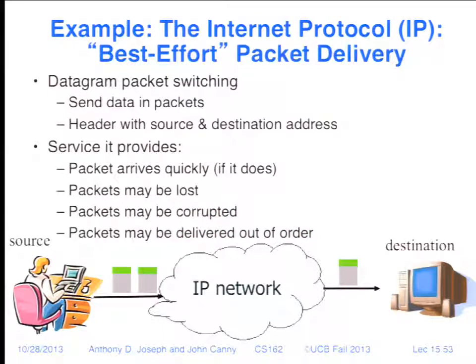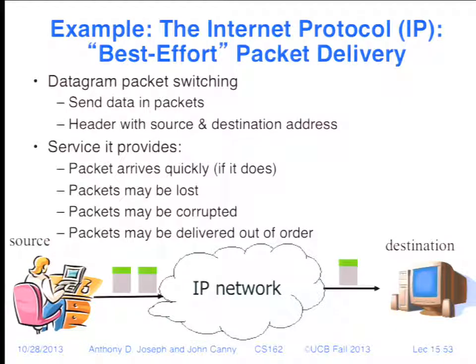All right, so quickly, there are two important different types of transport over the internet. The first one is datagram transport. The idea is to make a best effort at delivering packets.